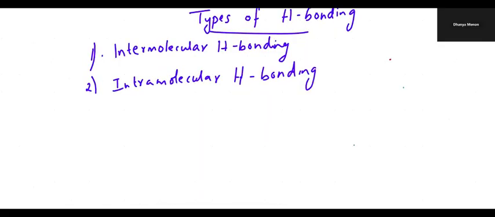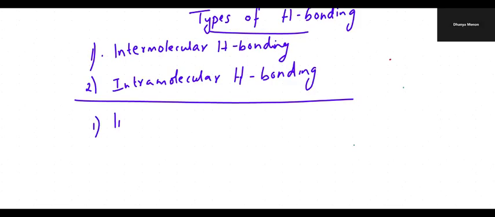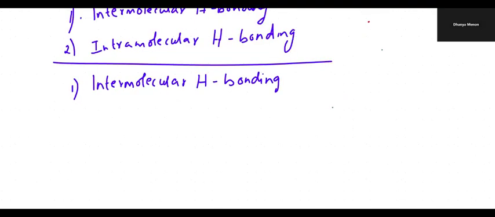The first one is intermolecular hydrogen bonding. Just like inter-school competition: between two different schools, or three different schools, or five different schools, there's a sports competition.